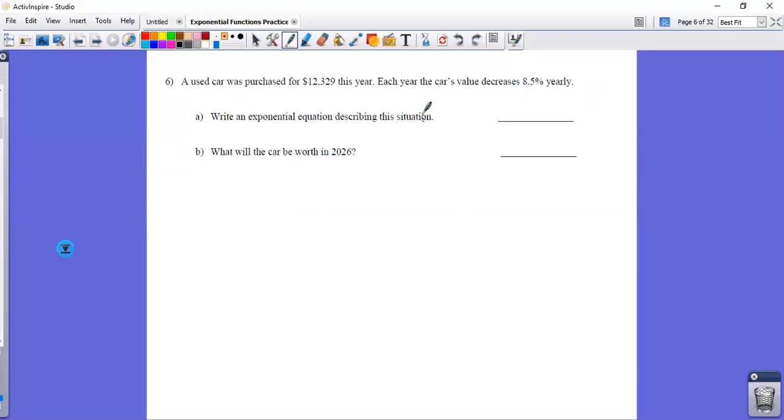Write an exponential equation that describes this situation. A used car purchased for that much decreases. So this is decay. So it starts at 12,329. It is 1 minus 8.5%, which is 0.085, and again, to the t power.